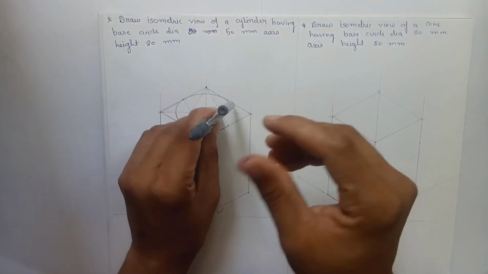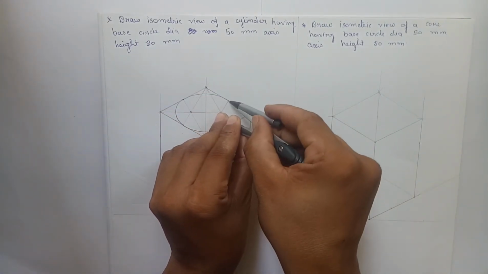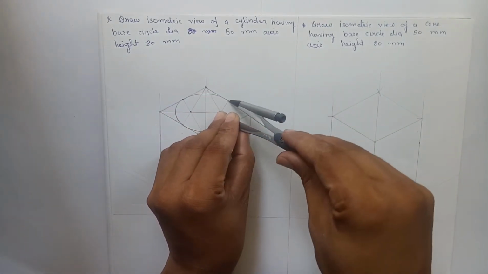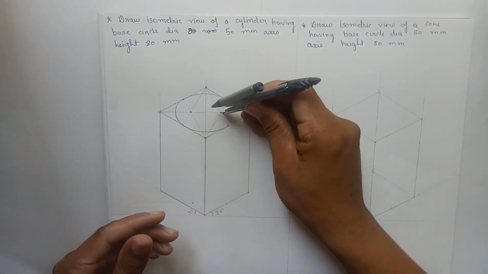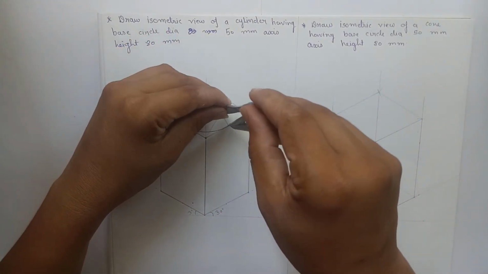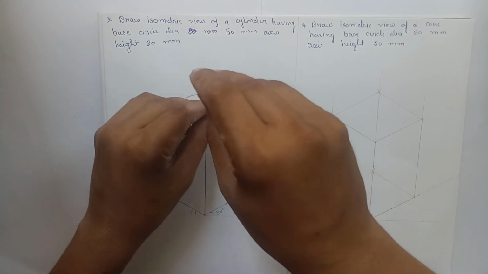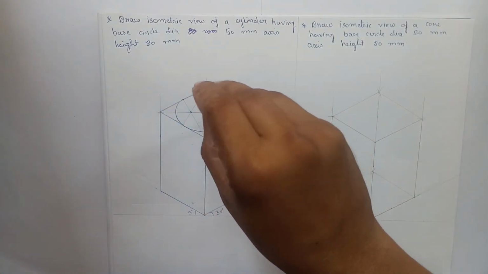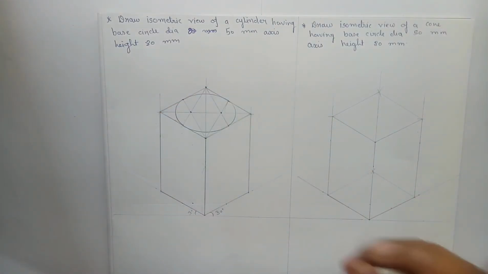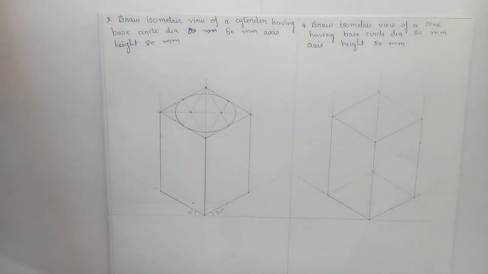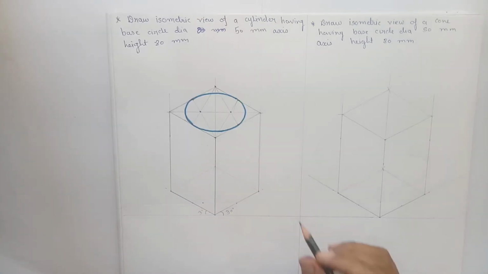Put your round over here, measure the midpoint. So this will be the top face of the cylinder, and we all know that the top face and the base of the cylinder are circles. But if you want to draw the isometric circles, we have to follow the 4 center method, because the isometric circle is not a circle, it is an ellipse. So this will be the top face of the cylinder.